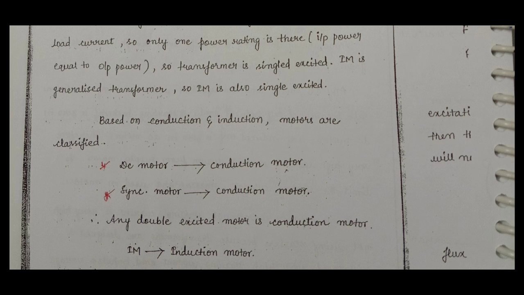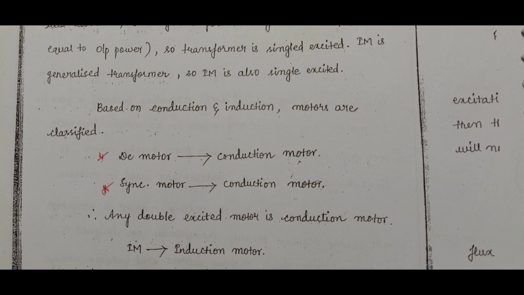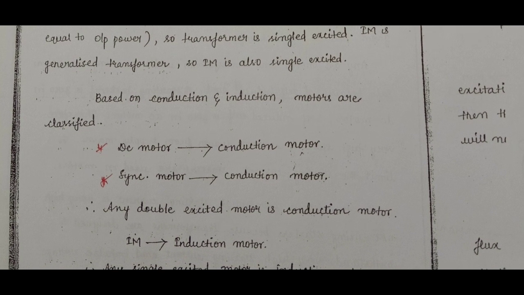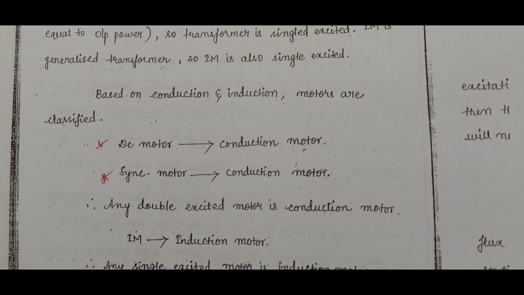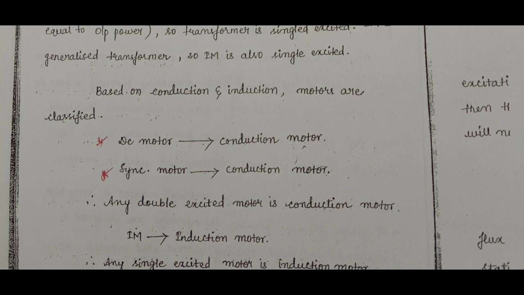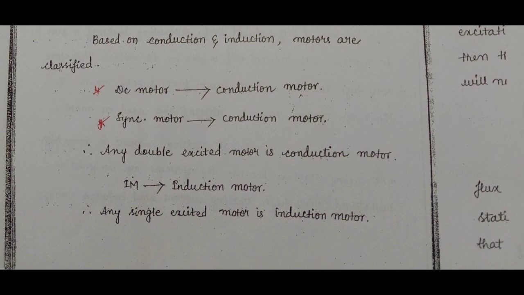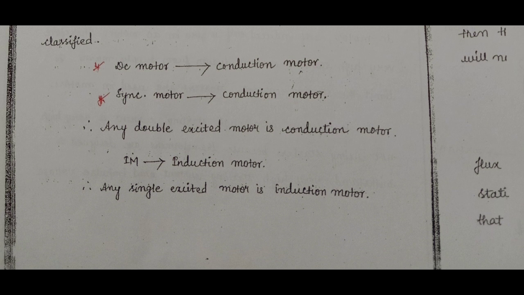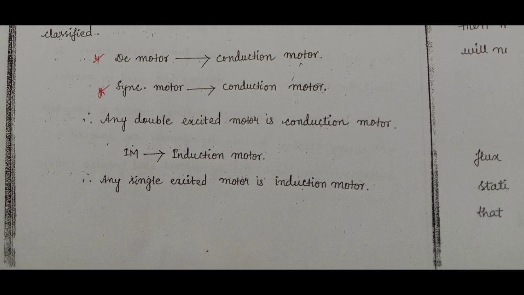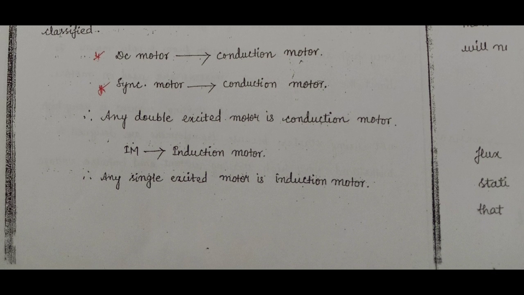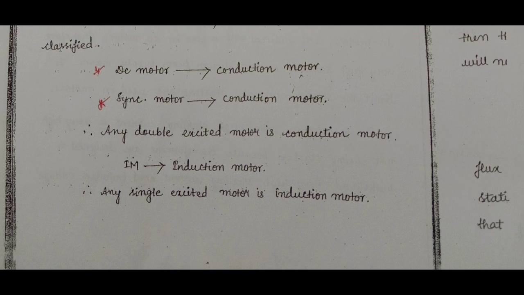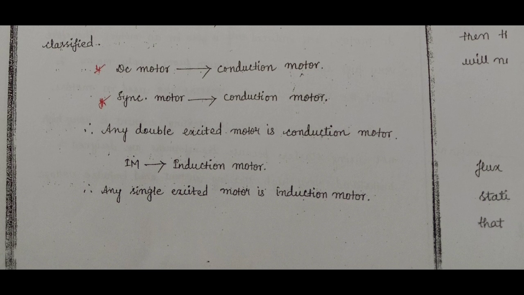Based on the conduction and induction, motors are classified as conduction motors and induction motors. DC motor is a conduction motor. That means the supply is given to the field winding and armature winding.